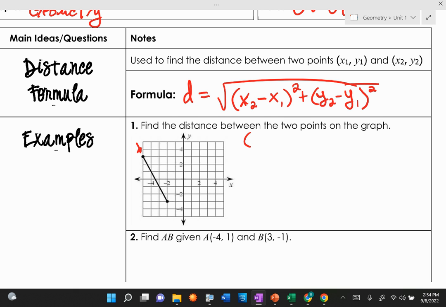Negative 5, 3. Oh yeah, that is true. Okay, we will call this A. Point A is negative 5, 3. Point B is going to be negative 2, negative 3.